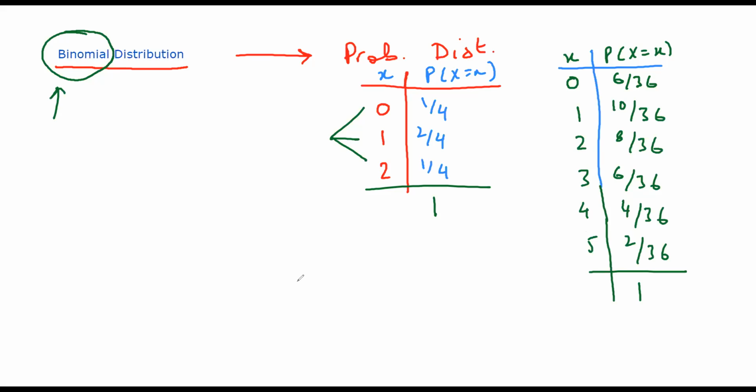Yes, Safa? Yeah, this will be dealing with the cases where there are only 2 situations. Can someone give us an example of an experiment where we have 2 outcomes? Yes, Fatima, can you think of any situation where you have an experiment and there are just two different outcomes?